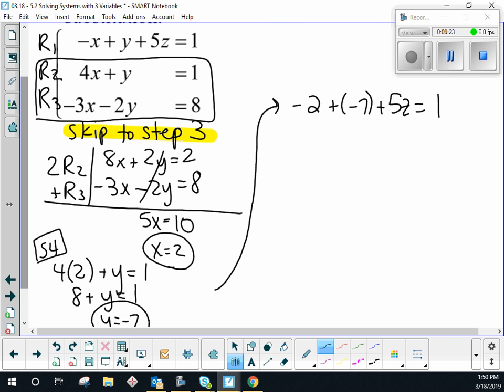Negative 2, negative 7 is negative 9. And you add 9 to both sides. 5z equals 10 divided by 5. Z equals 2.